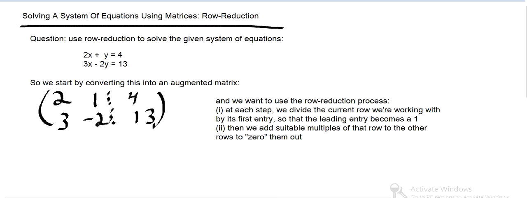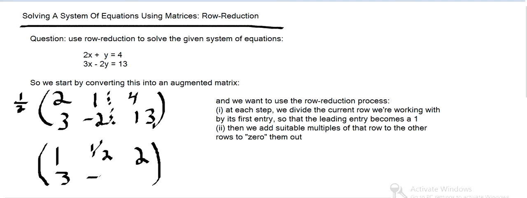At each step we're taking the current row, so we start with the first row, and we divide by the leading term. So we divide by 2 here. So we multiply by 1/2. So we get 1, 1/2. Then 4 over 2 is 2. And the second row is still the same.